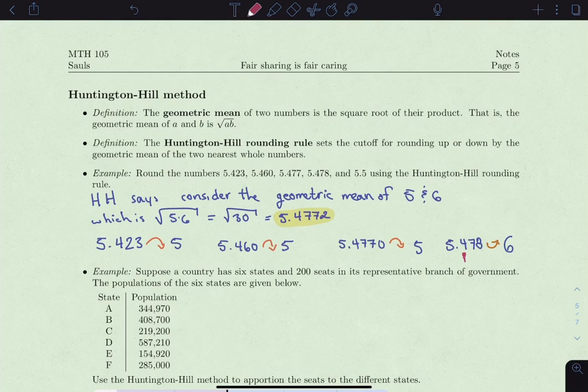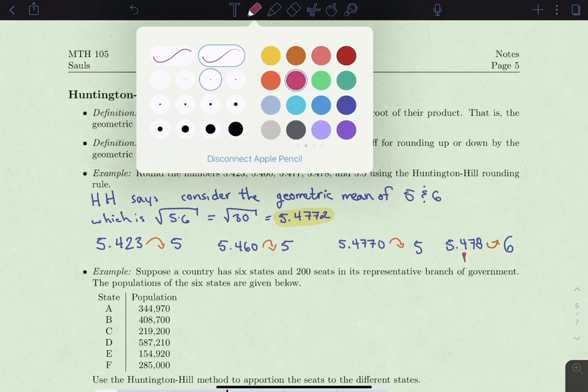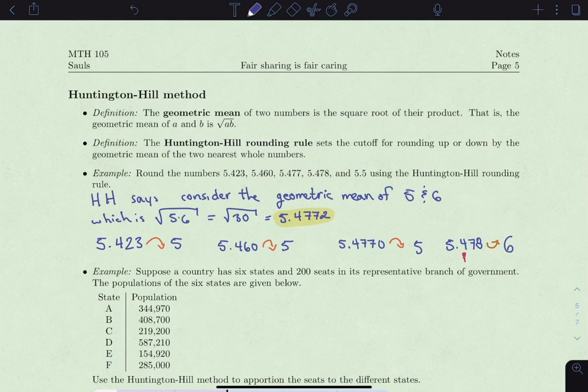So here's an example of the Huntington-Hill rounding rule following a different pattern than conventional rounding.